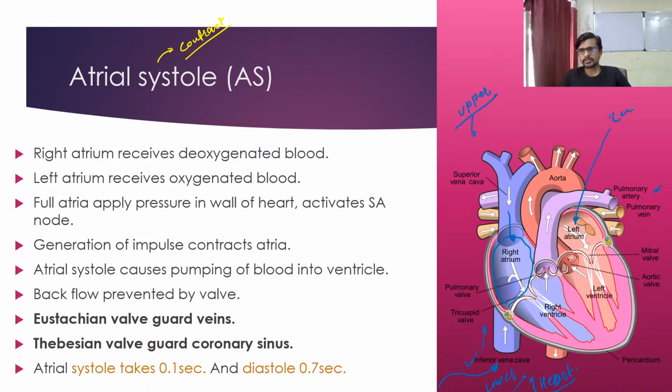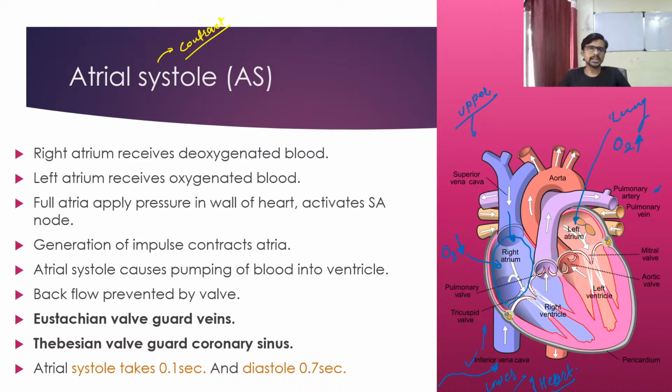So the blood from the lung is entering into the left atrium, so it is more oxygenated. The blood in the right atrium comes from the body, so it is less oxygenated. So the more oxygenated and less oxygenated blood are coming into different compartments of our heart.